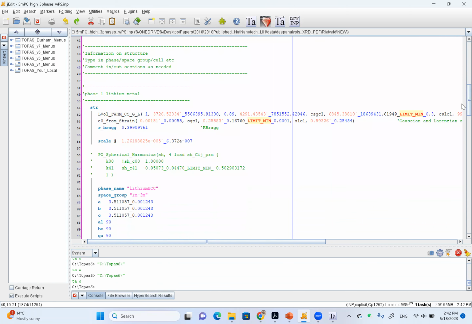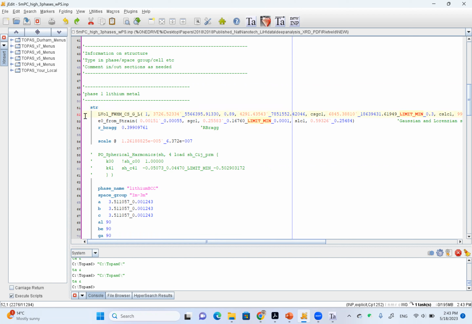And last time we talked about the multiple phases. It's also the same for the interface, which contains multiple phases. You start your phase with the str keyword, so that the program knows you are introducing a new phase.